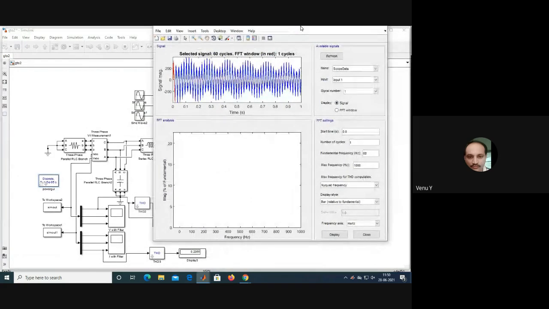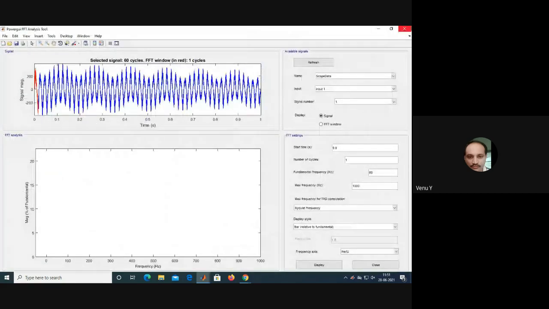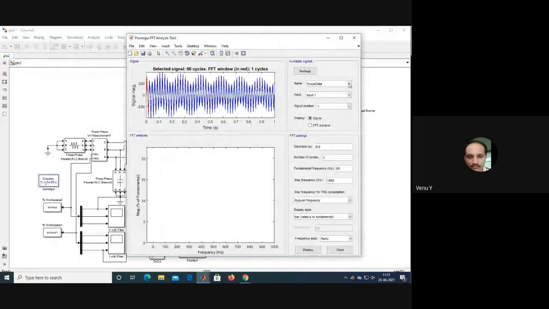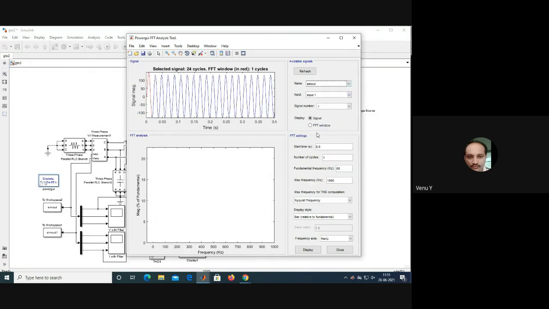Scope V with filter, I with filter. Sim out. 0.2, 10 cycles, 50 Hz, 1000.